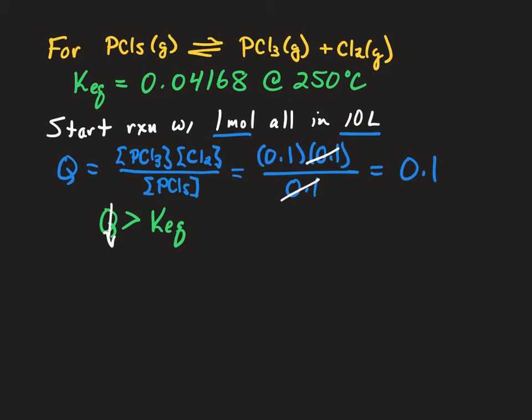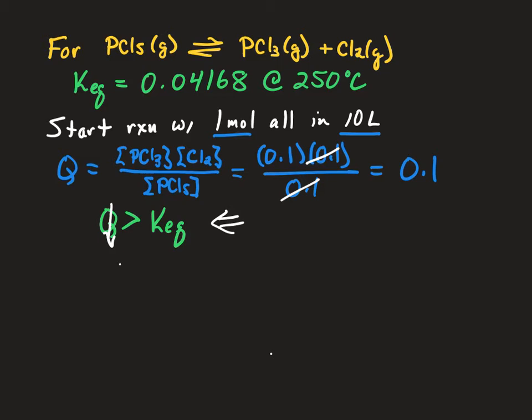In order to go down, that means we need a smaller numerator, so products have to get smaller, and a bigger denominator, so reactants have to get bigger. The fact that Q is too large tells us that overall our reaction is going to have to go to the left. And so we can set up our ice table knowing that our reaction is going to move to the left.